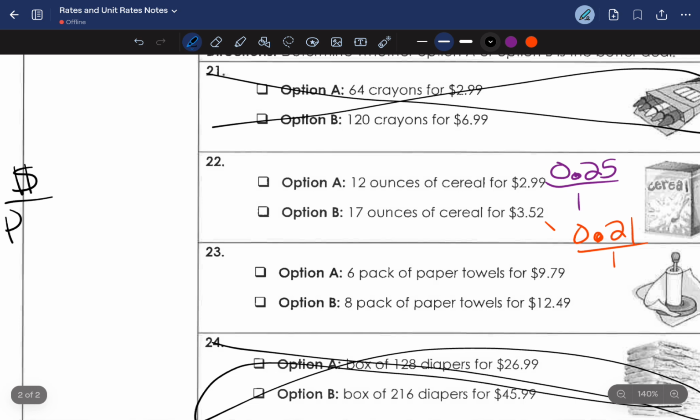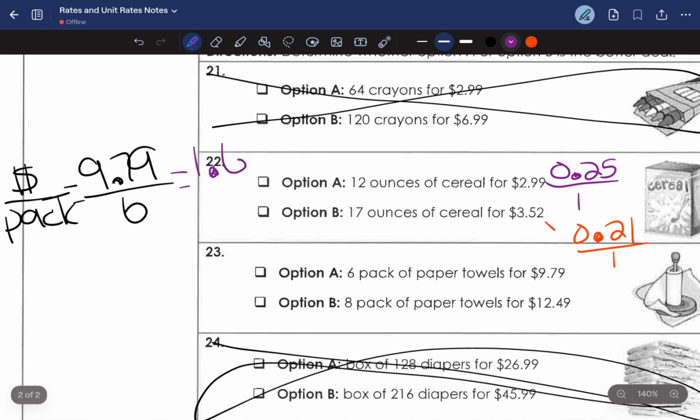So price over packs. And you would do 9.79 over 6. And then you would divide that and get $1.63 for one paper towel, or one like roll of paper towels.